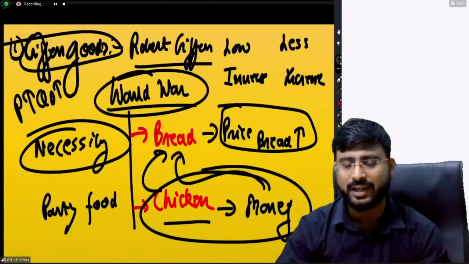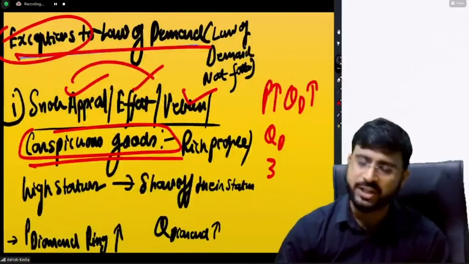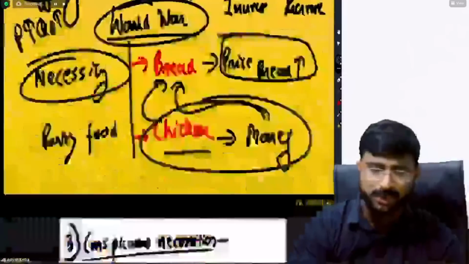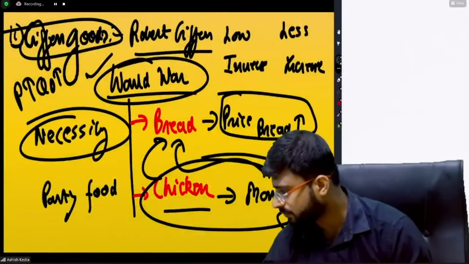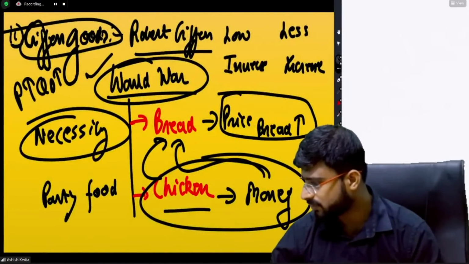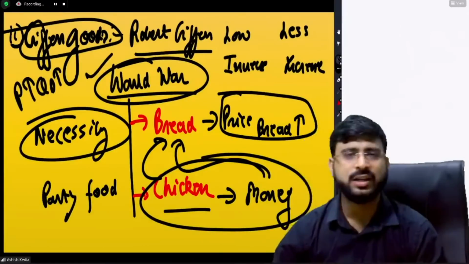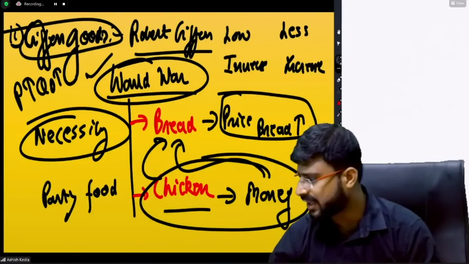I hope it's crystal clear, everyone. Two exceptions we have studied so far: number one, snob appeal, and number two, given commodities or given goods. Here we don't talk about ceteris paribus, correct?